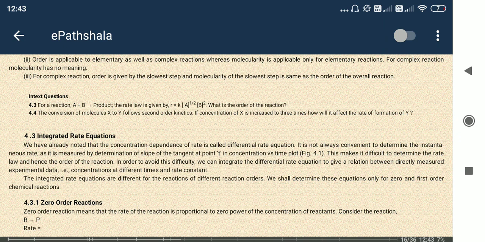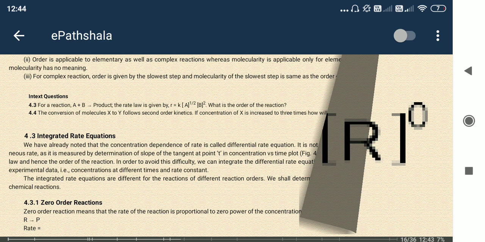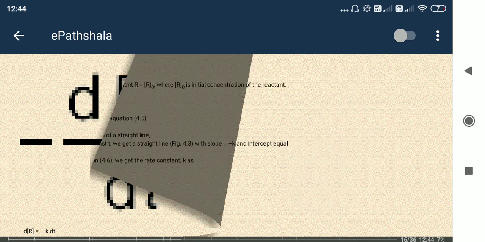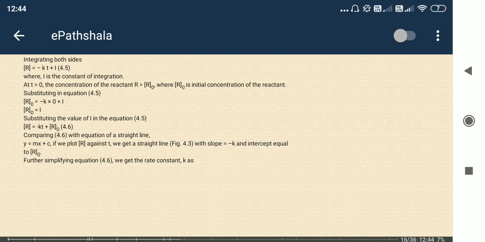So the next one, zero order reactions. For zero order reactions, it is obvious the reaction rate, that is -d[R]/dt, is equal to k into [R] to the power 0. For zero order reactions, the order is 0, so ultimately the reaction rate is constant. The reaction rate is equal to k, the reaction rate constant. So d[R]/dt = -k, so d[R] = -k dt.